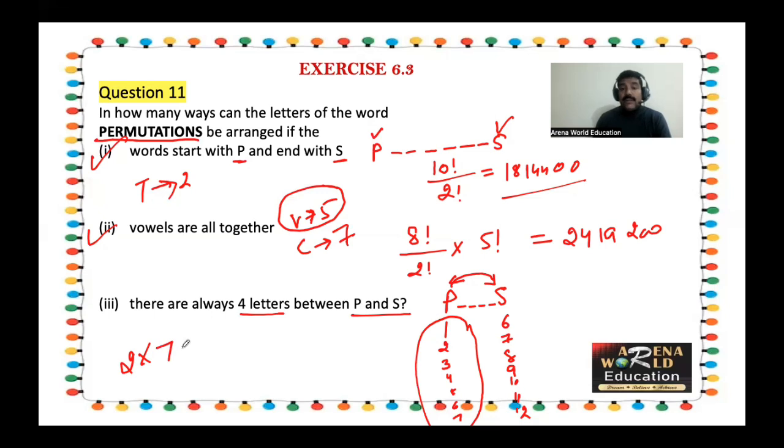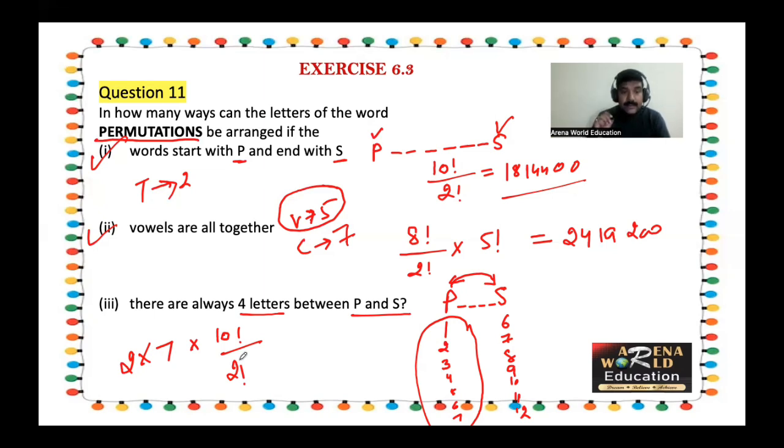So 2 into 7. And now, if 2 letters are arranged, we are left with 10 letters, and they will be arranged in 10 factorial ways, and 2 T's are same. So this will be 2 into 7 into 10 factorial divided by 2 factorial. So what is the final answer? I'm writing the final answer.